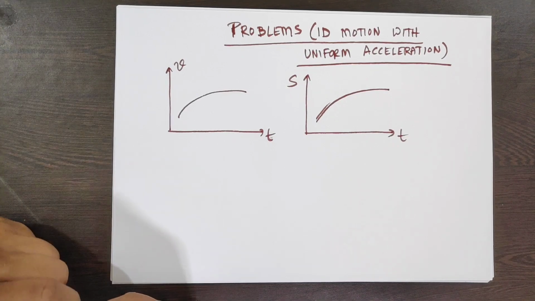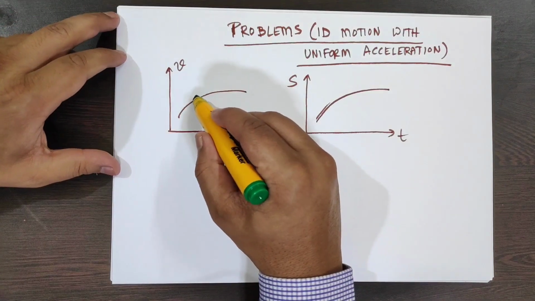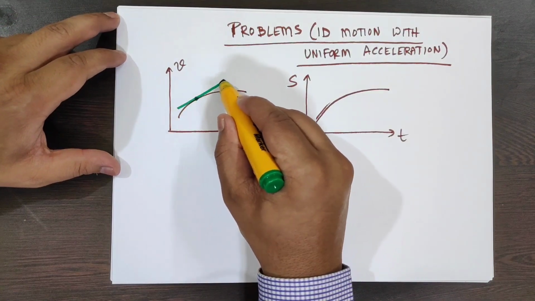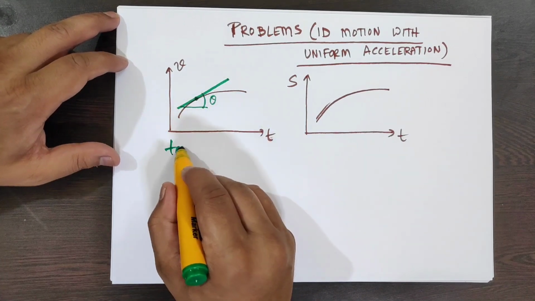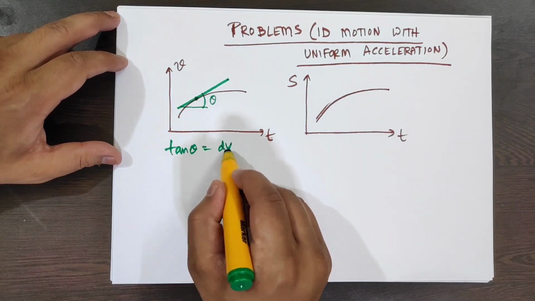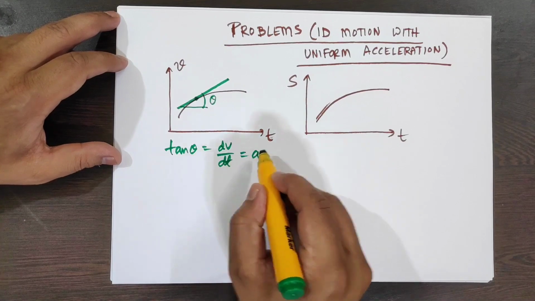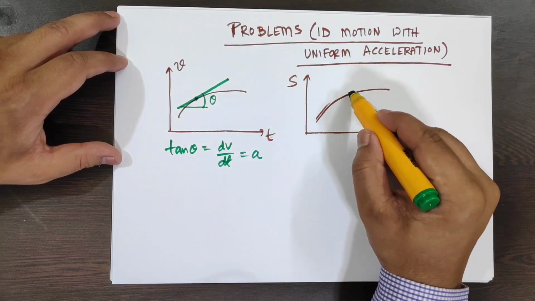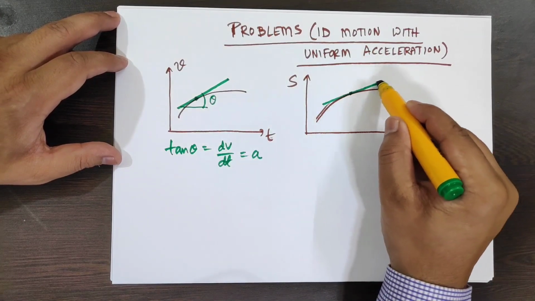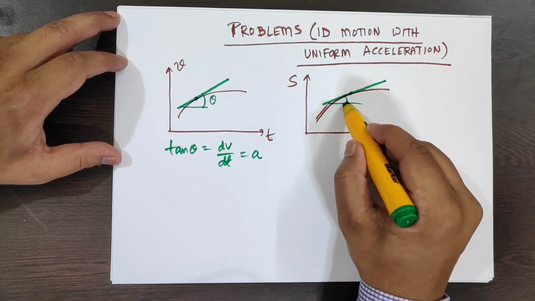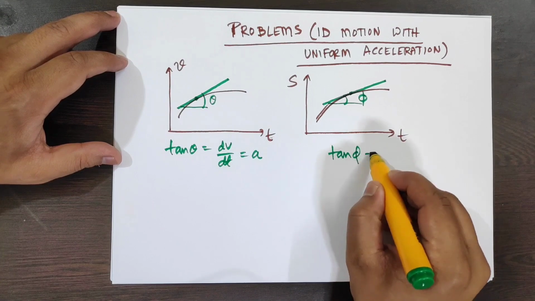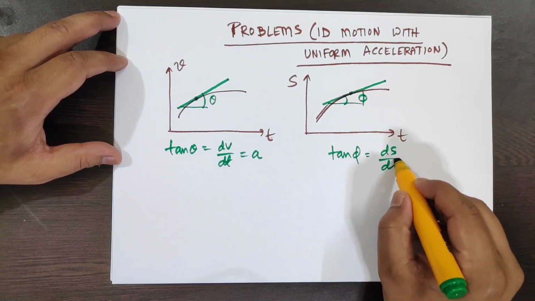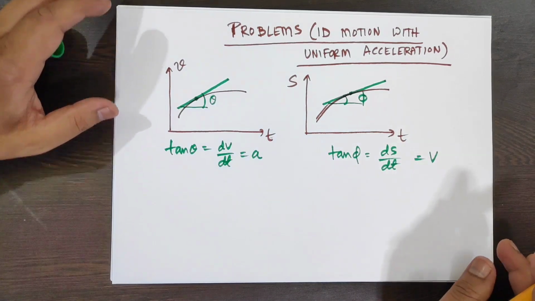Sorry, the slope of the tangent, this angle theta, so tan theta is dv by dt, equal to a. And if this is the displacement graph, with angle phi, then tan phi is equal to ds by dt, which is v.